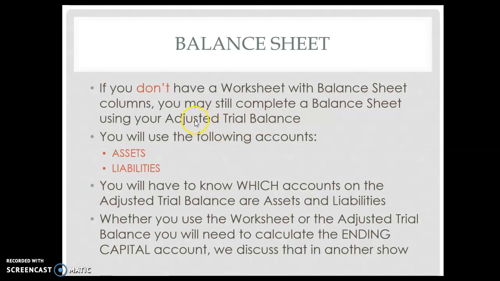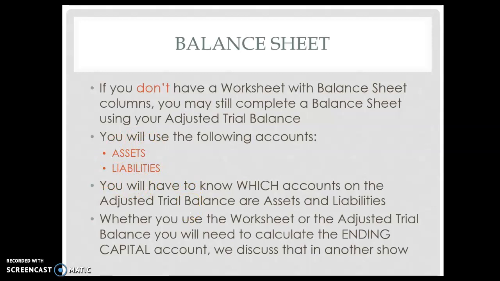Only instead of the revenues and expenses this time, we're going to use the assets and the liabilities. So you have to know which accounts are the assets, and that includes contra assets, and which accounts are liabilities, and if there happens to be any contra liabilities. Okay, so all of those are going to go on to our balance sheet from the adjusted trial balance.